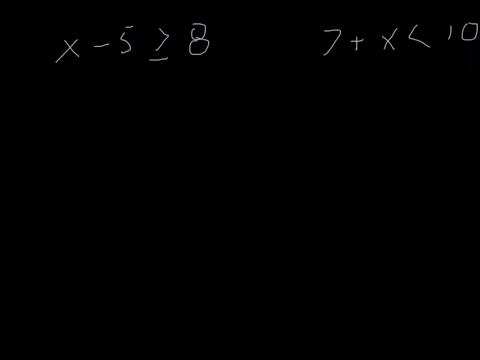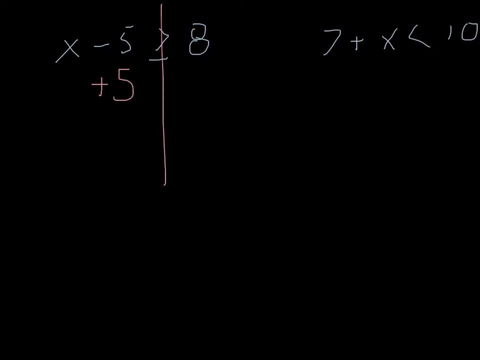Let's do a few practice problems with addition. Here we have x minus 5 is greater than or equal to 8. Since 5 is being subtracted from x, the inverse operation of minus 5 would be to add 5.